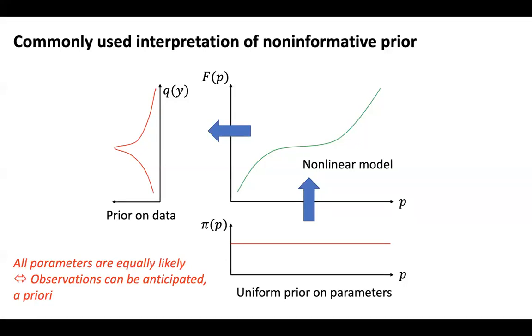There's a lot of parameter space that maps into these similar values, so we're in fact assuming that these observations are most likely. By making no assumption on our parameter space, we are making an a priori assumption on what the data is going to be without having actually measured any data. So we are getting ahead of ourselves in that sense.